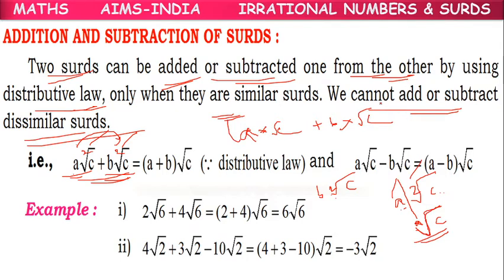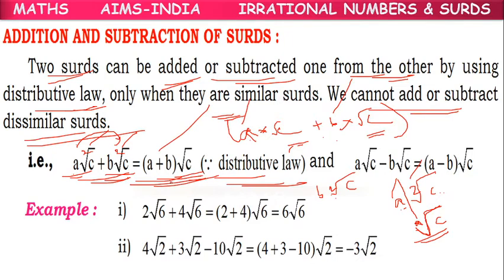According to the distributive law, we take the common term out. So we take root c common, then a will remain plus b will remain. So a plus b into root c. By using the distributive law, we can simplify like this. Or if we have a root c minus b root c, in this case also, if we take root c common, by the distributive law, a minus b will remain.